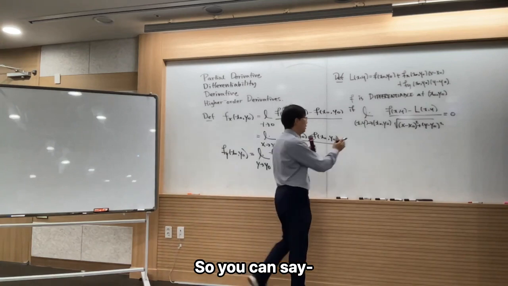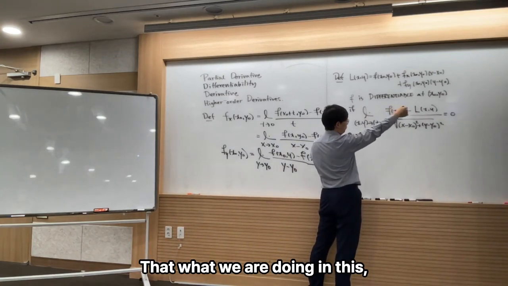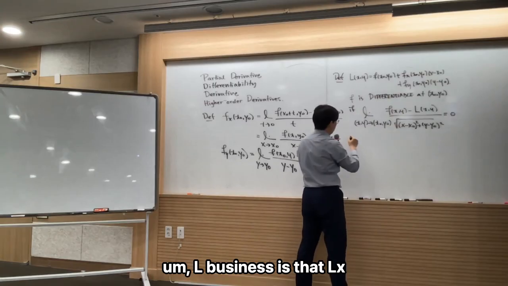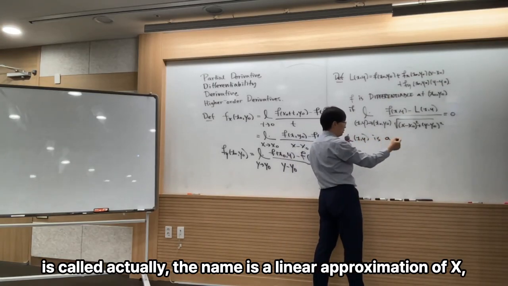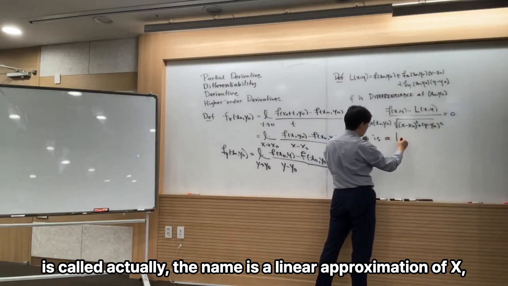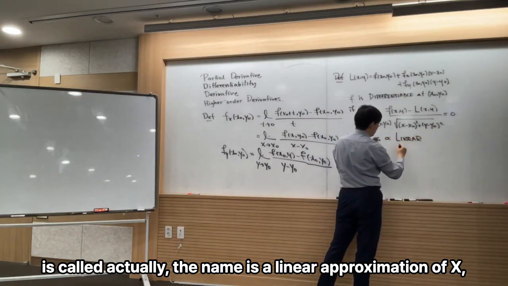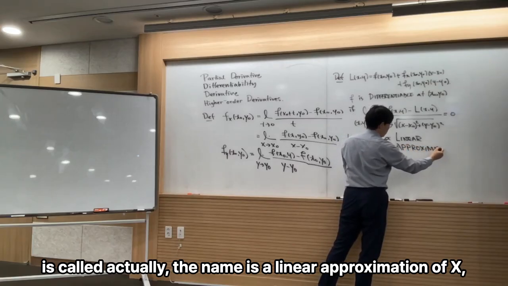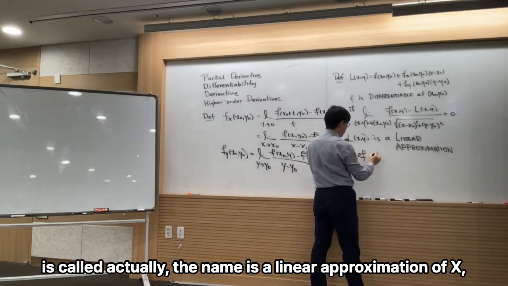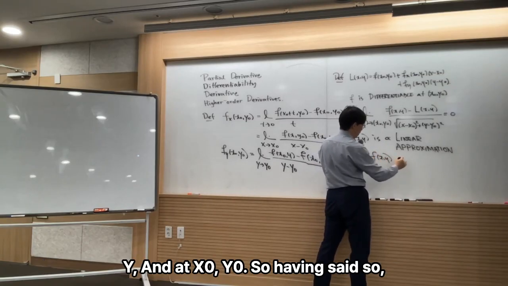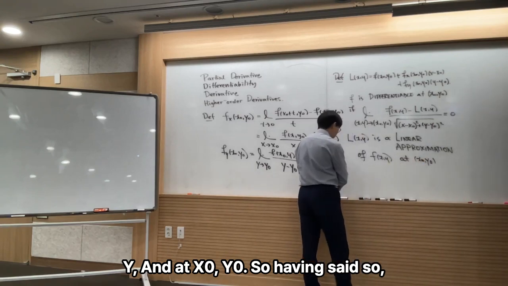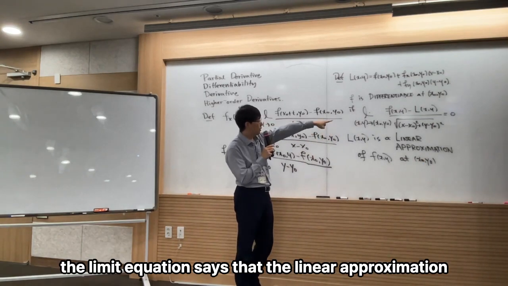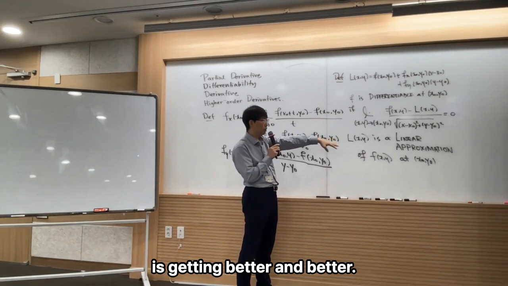So you can say that what we are doing in this L business is that Lx is actually called a linear approximation of f at x0, y0. So having said so, the limit equation says that the linear approximation is getting better and better.